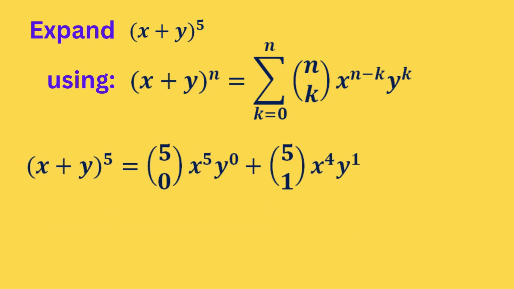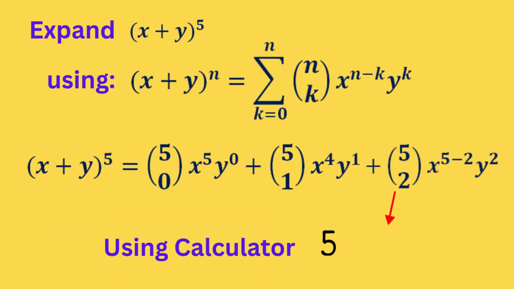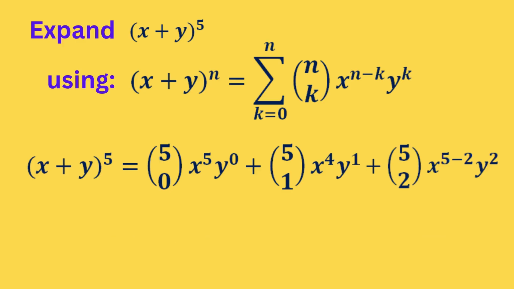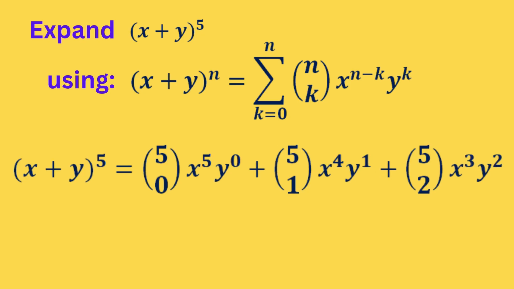For the third term, we substitute 5 for n. The value of k will increase to k equals 2. x to the power of n minus k is x raised to the power 5 minus 2, which is 3, while y to the power of k is y to the power 2.